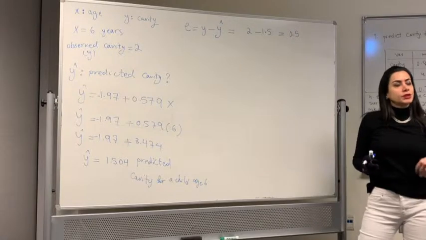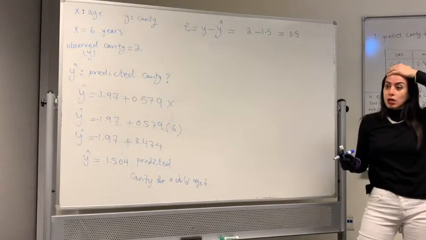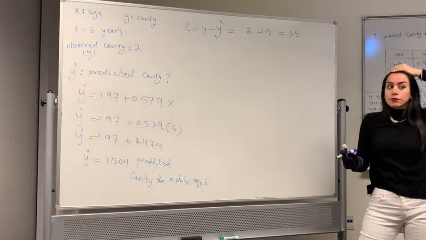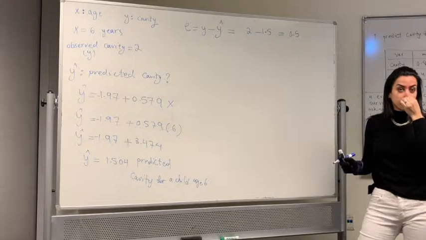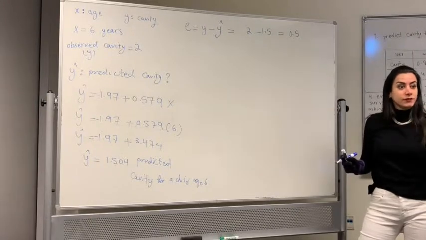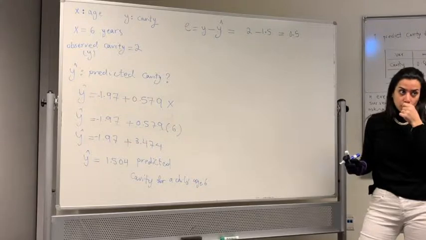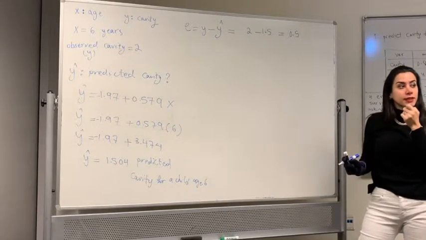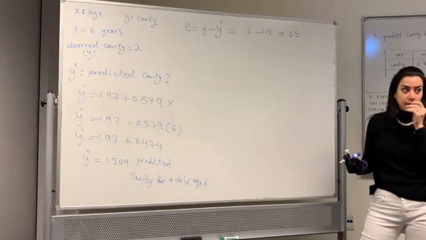So when we were talking about residual, I said if we have a positive residual, the location for this point on a scatter plot will be above the least square regression line, correct? So if the residual is negative, the location will be below the line, right?